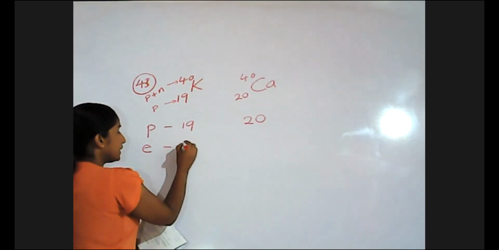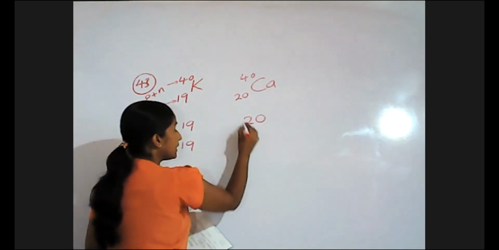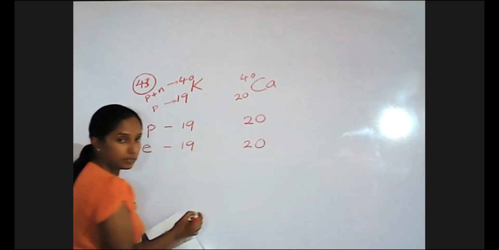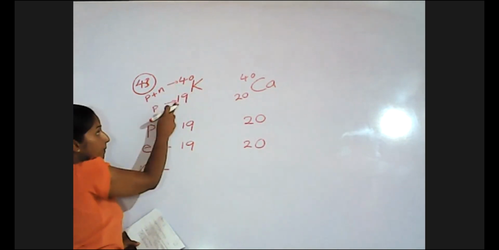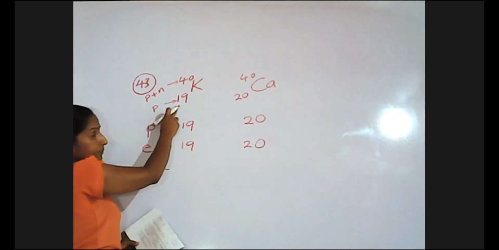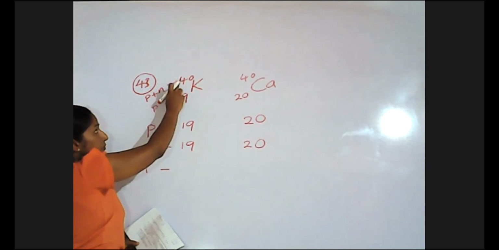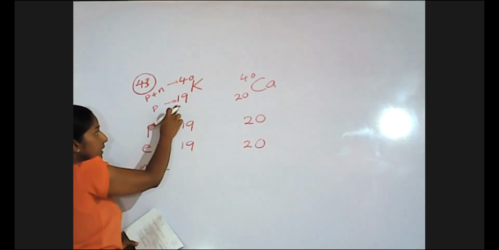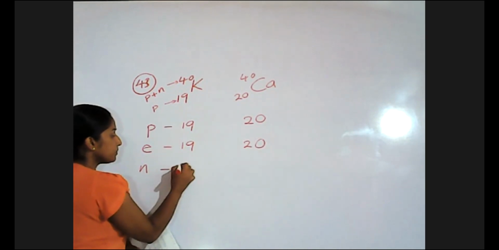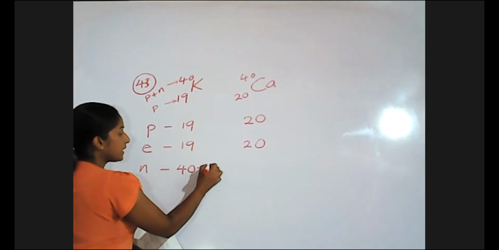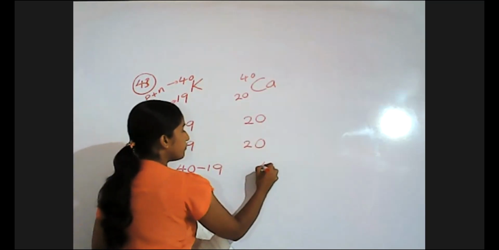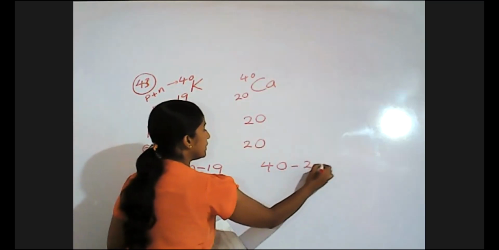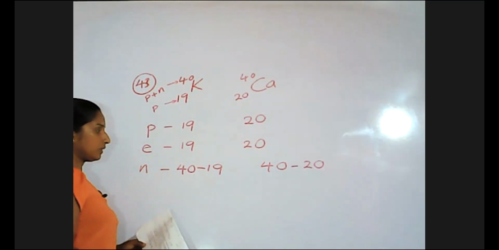So here 19 electrons and here also 20 electrons. To get the number of neutrons, we use the mass number and the atomic number, the sum of protons and neutrons minus the number of protons. So neutrons here is 40 minus 19, and here 40 minus 20.